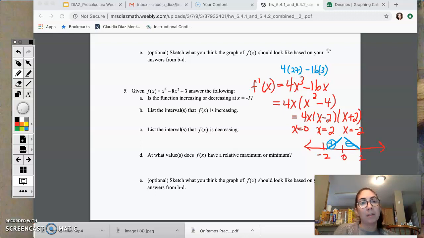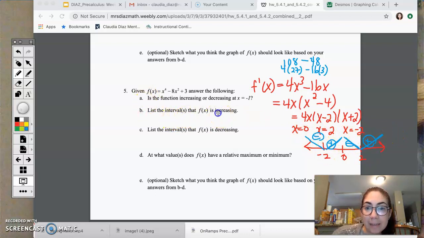I'm going to use my cheat sheet, which is my calculator. I know they said don't use a calculator, but I just want to double check. 4 times 27, 108, minus 16 times 3, which is 48. So that's going to be a positive number. Usually they do alternate like this, so I'm going to go ahead and tell you that this one will be negative. Negative, positive, negative, positive.